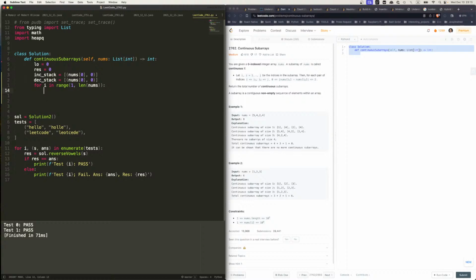We can just do the increasing, right? If it's too small, then if it's one bigger, right? No, if it's one smaller is fine. If it's really small, then yeah, it cannot do, right?